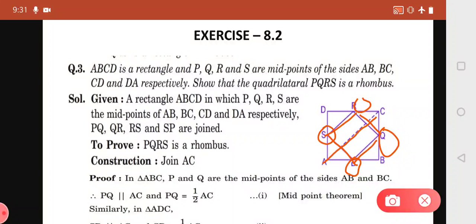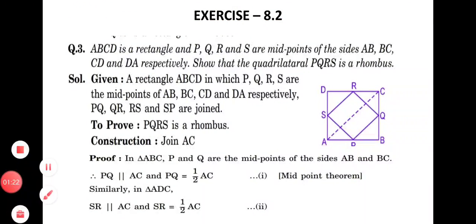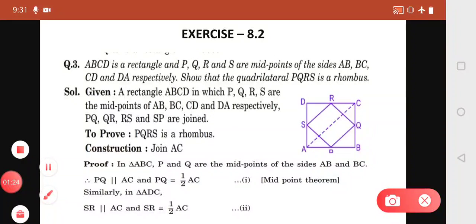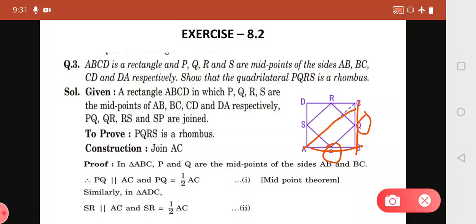Now, for proof, in triangle ABC, P is the midpoint of AB and Q is the midpoint of BC. Therefore, PQ is parallel to AC and PQ equal to half AC by midpoint theorem.